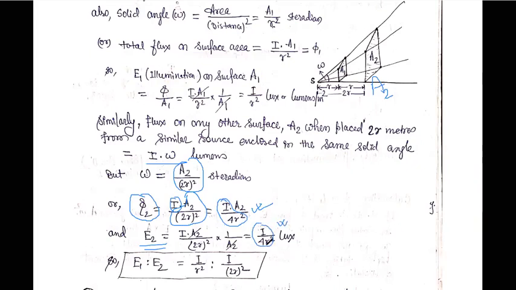So this is nothing but I divided by the whole square of 2R. So again, this satisfies the inverse square law.